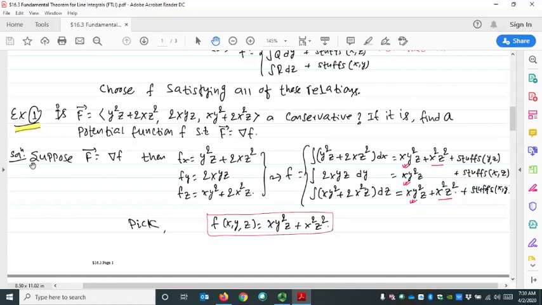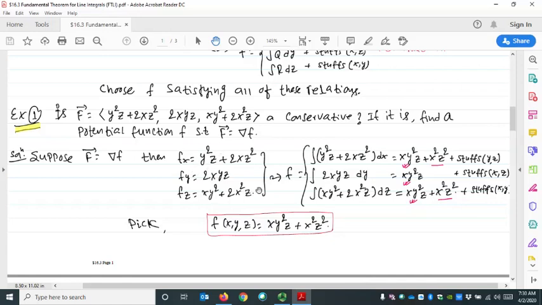So suppose F is the gradient of little f. Then the partial derivative of little f with respect to x is the first component of the vector field. The partial derivative of little f with respect to y is the second component of the vector field. The partial derivative of f with respect to z is the third component of the vector field.